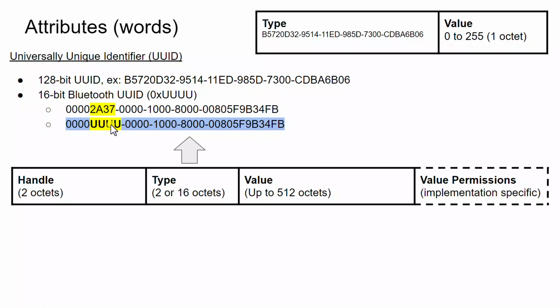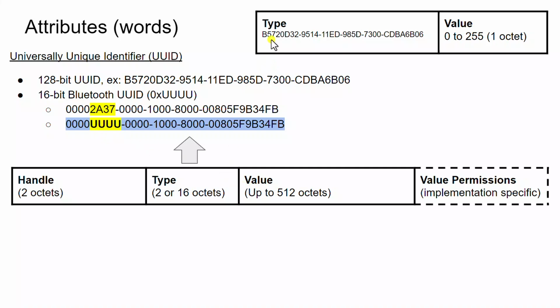It allows them to shorten it to just provide 4 hexadecimal digits, or 2 octets, 2 bytes. And when you see those 2 bytes, you know that's one of these special numbers, and you can go onto the Bluetooth site and download documents that say what these unique labels map to. So that's the difference.